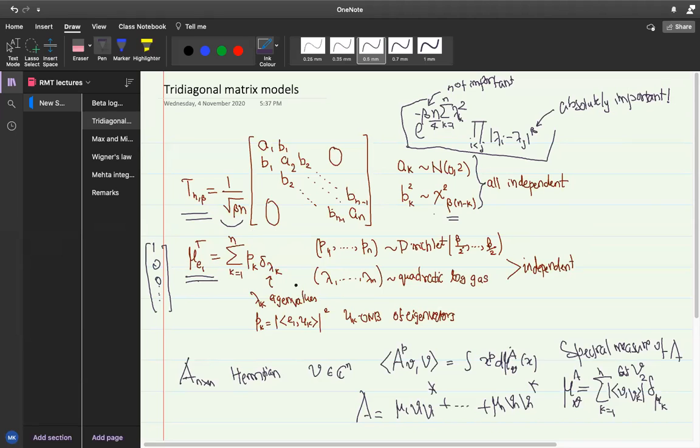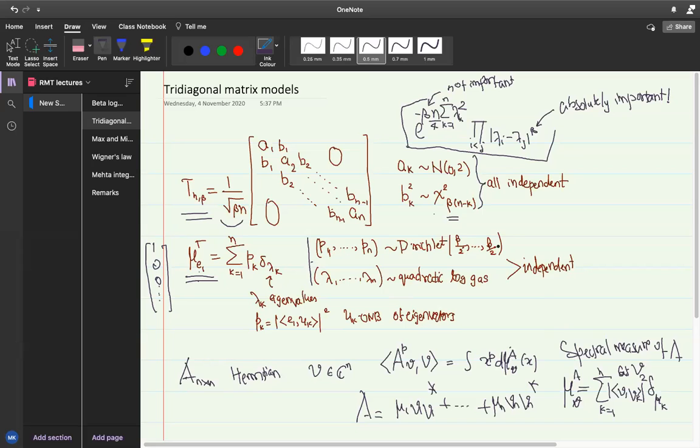And the claim is that not just the eigenvalue density, but we can work out the explicit density of P as well as lambda. This vector P1, P2, ..., Pn is a probability vector because we are taking the spectral measure at a unit vector. It has an explicit distribution called the Dirichlet distribution with these parameters. And lambda 1, lambda 2, ..., lambda n has the distribution of the quadratic log gas, which is written up here.